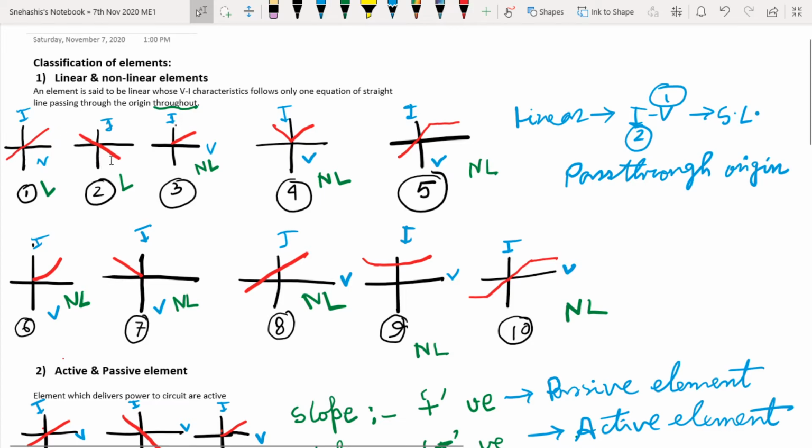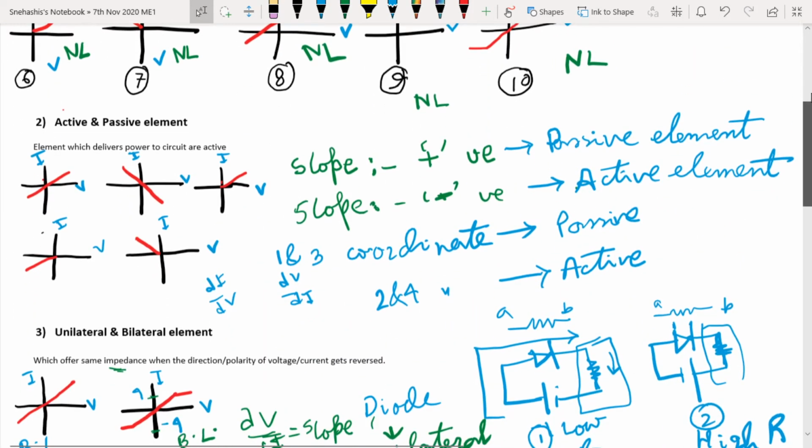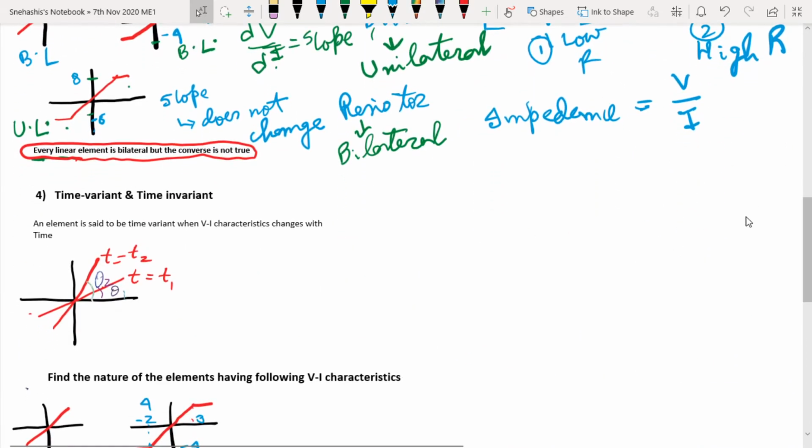Like here in diagram number 2, the slopes are the same in both the coordinates, so it is bilateral. But here in this case the slope changes, so it is a unilateral one. You can verify it with the other linear diagrams, and if you are having any doubt, obviously I am there. Anyway, let's get back to that.